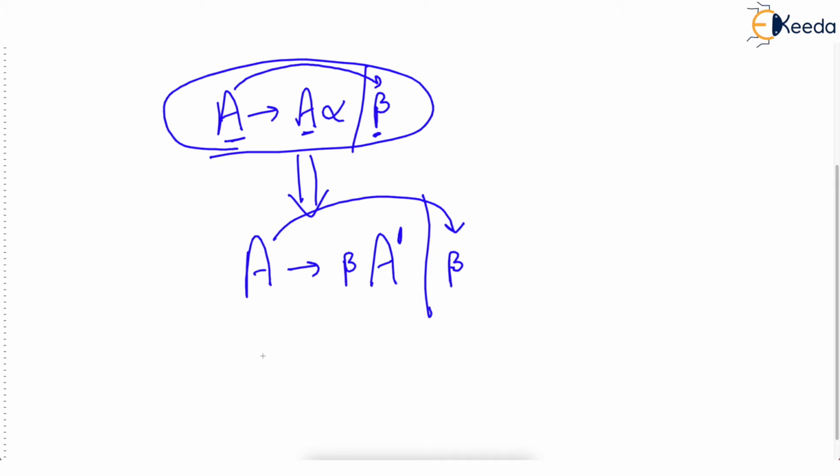But what is A dash? A dash is a non-terminal. So we'll say A dash derives alpha followed by the same symbol A dash, which is on the left hand side, or alpha. Observe this new grammar.